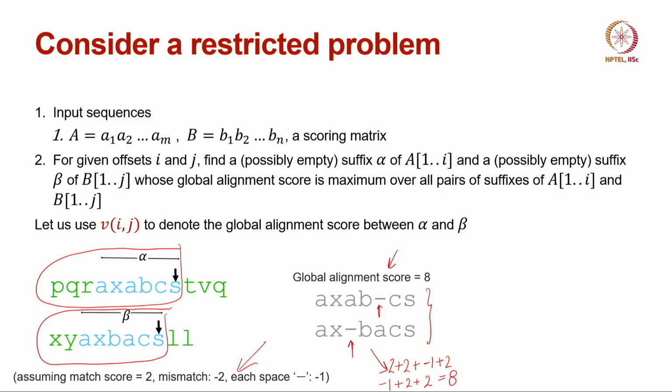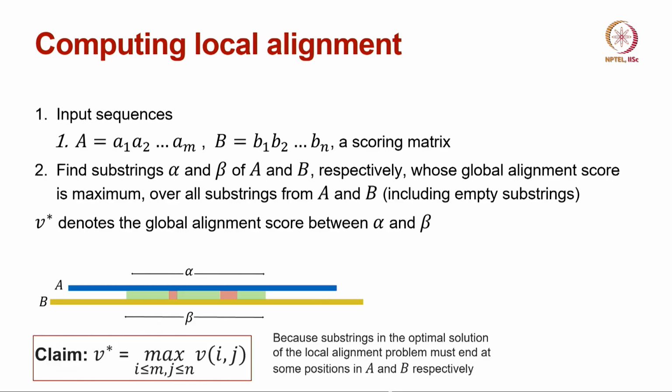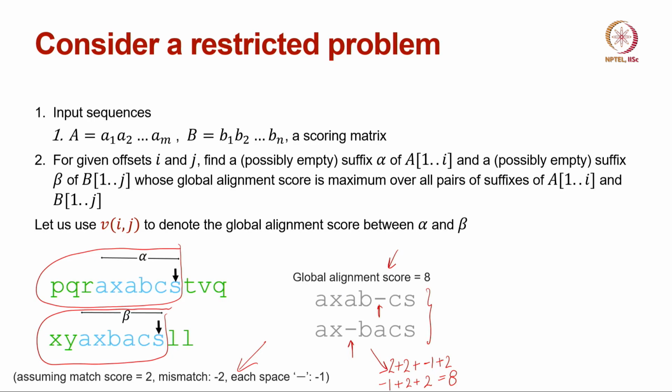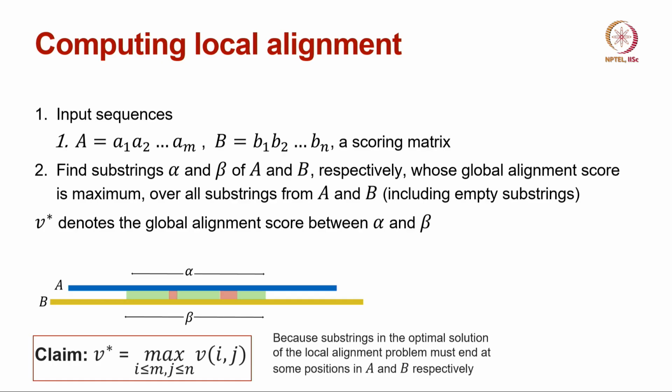Now why are we discussing this restricted problem? How is this connected to our local alignment problem? Well, there is a connection. If I denote the solution to this problem, that is the global alignment score that I achieve between alpha and beta, as small v_ij, then it turns out that the score of the local alignment is equal to the maximum over all v_ij values.